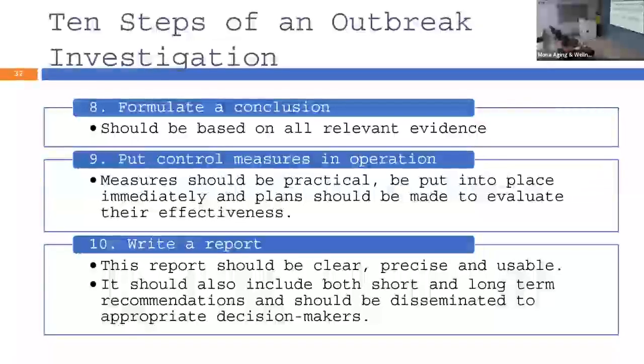As a part of it, we have to put control measures in place, whether it is isolation of those that are infected, quarantining those who are exposed. It could be that it's a community that's going to be quarantined.